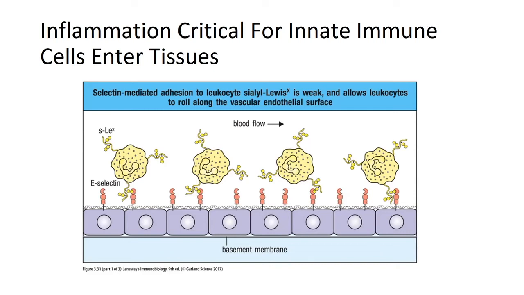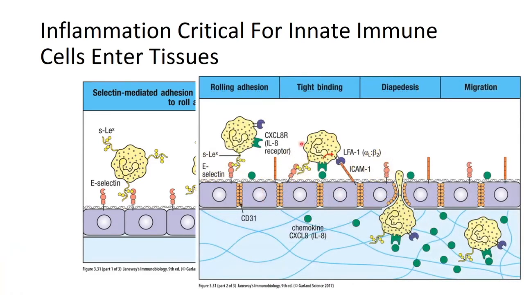So instead, what happens is what's called rolling binding. The cell binds briefly, then it quickly detaches and rolls over and binds to the next molecule and so on. What it does is slow the cell down. And when it slows down, that gives it the chance to bind to ICAM1 on the induced epithelial cells.